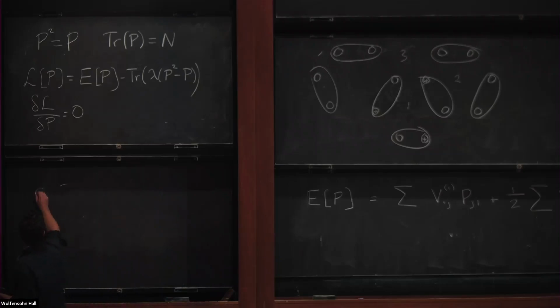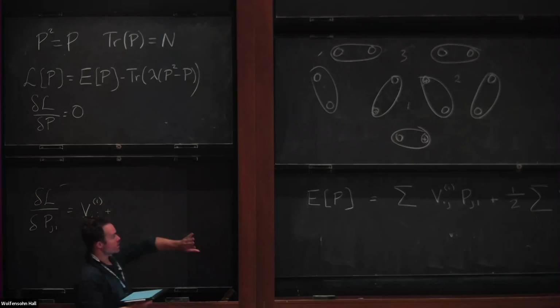So this is somewhat tedious, but I get dL/dP_ji. If I take the variation with respect to this particular component, it picks out V1_ij. The interacting part is quadratic, so you end up getting two equivalent copies, which cancel the factor of 1/2 there.